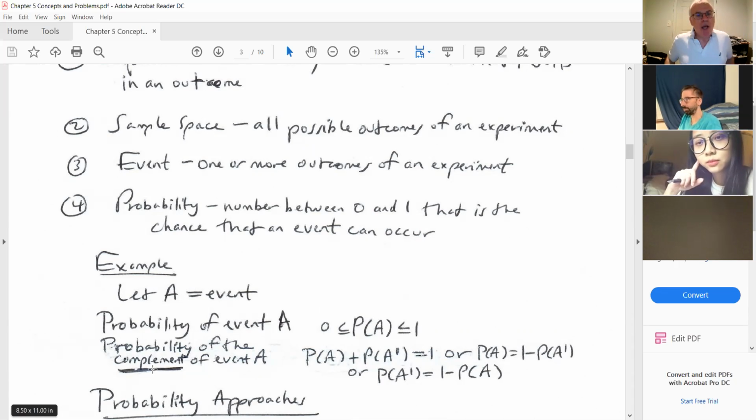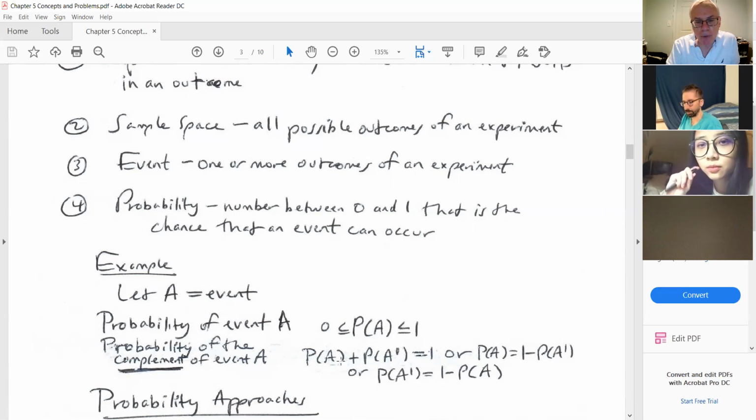So the way to understand a complement is that, first of all, every book's a little different in terms of the notation for complement, but in this book, if the event is A, they use an apostrophe next to it to represent not A. So when you see that apostrophe, just say not that event.